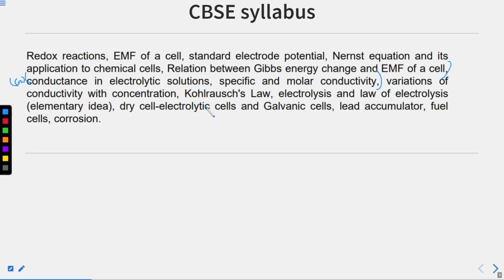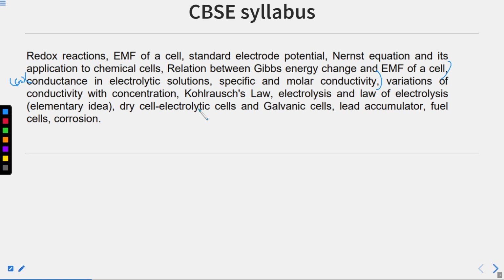If we move to our next topic, that is equivalent conductance, and then molar conductance. Equivalent conductance is the conductance offered by a volume which contains 1 gram equivalent of that electrolyte. It is the current due to the ions present in 1 gram equivalent of that substance.